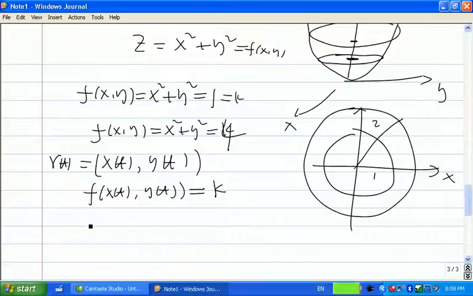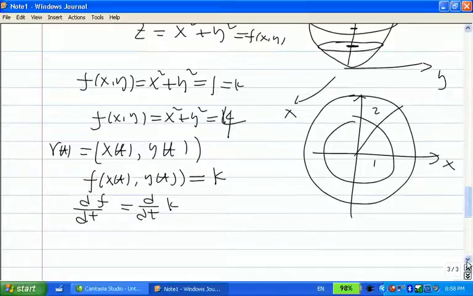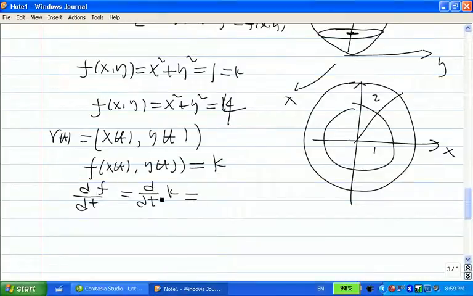Now, use the chain rule. I take the derivative with respect to t, like this. The right hand side, you take the derivative of a constant, gives you 0.